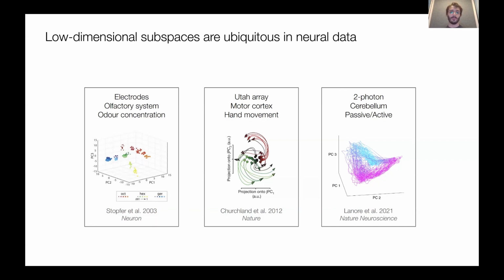And the key takeaway from this slide is that across all these examples, we are doing the same thing. We are taking this high-dimensional data and projecting it onto a low-dimensional space, and just color coding the neural activity according to the task variable. And in all of these cases, we find that the subspace captures something about the task structure.